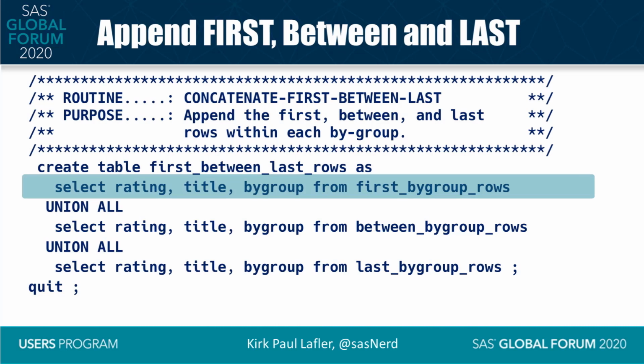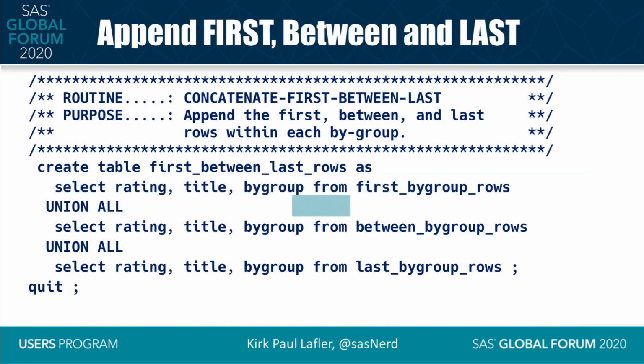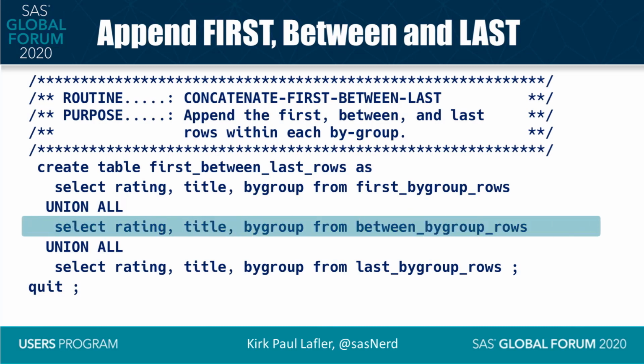So in this example, I'm going to use the select statement with the variables of interest, rating, title, and by group from each distinct group, the first by group rows, the between by group rows, and then the last by group rows. And I'm going to concatenate them with the union all set operator.